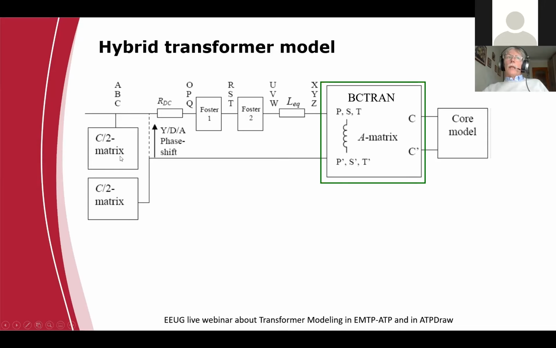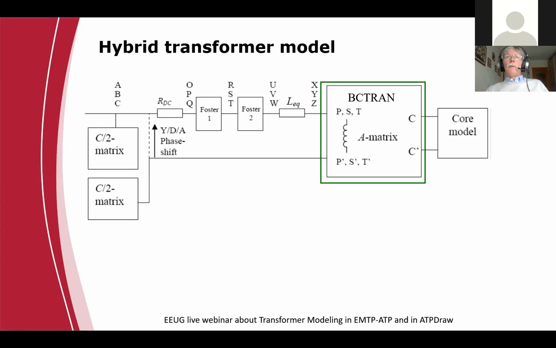And the capacitance in between the phases, in between primary and secondary, in between windings to the tank and to the core can be considered by a capacitance matrix connected to the primary and the secondary.